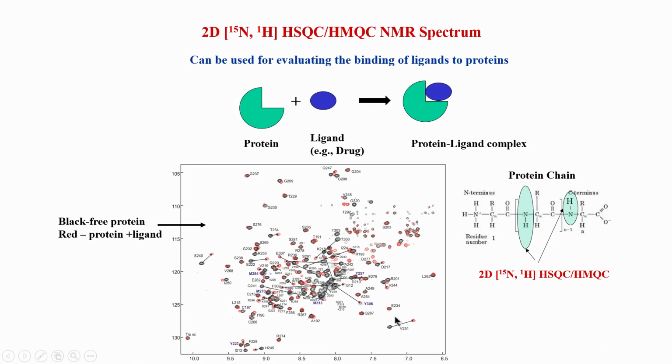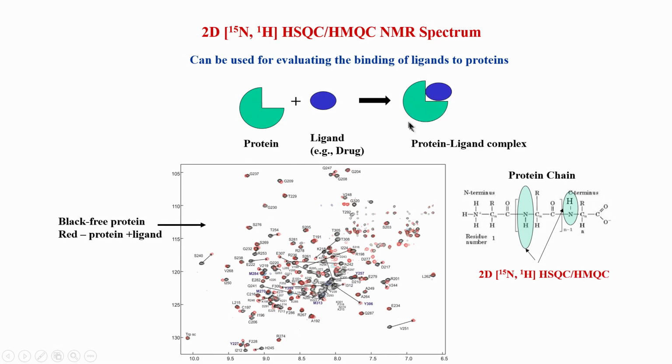By seeing this movement of peaks, we can find out the residues which are located at the interface of the protein, because those are the ones which might be affected by this binding. We do not expect the binding to affect residues which are far away.